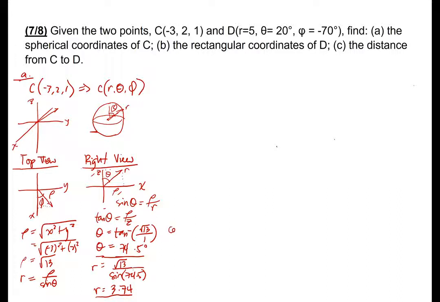Cosine p is equal to adjacent x over the hypotenuse, which is rho. So p is equal to cosine inverse of x, which is negative 3, divided by rho, which is square root of 13. So this is from the top view.